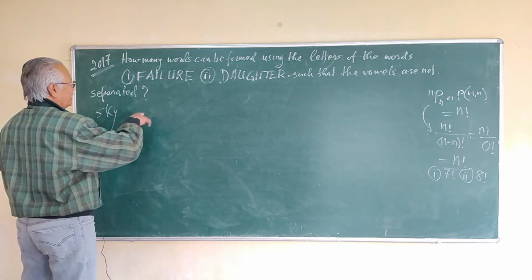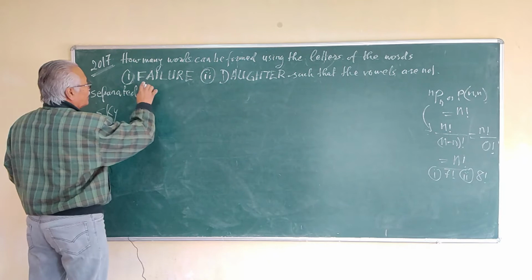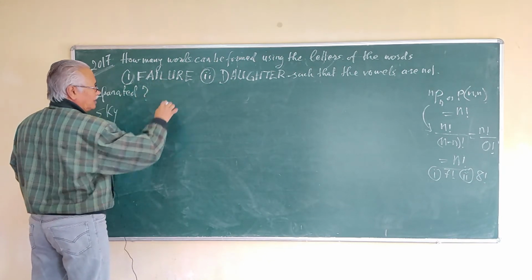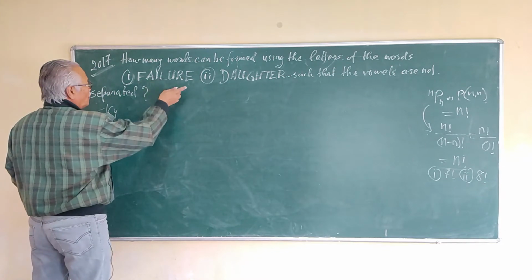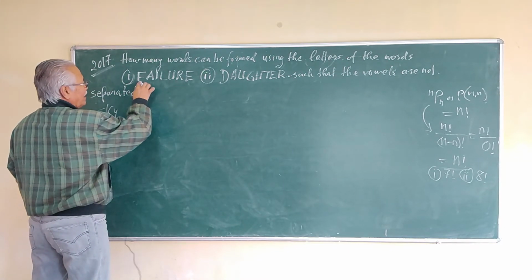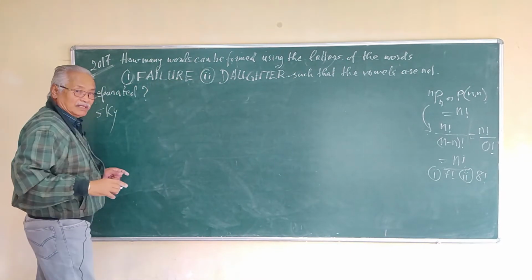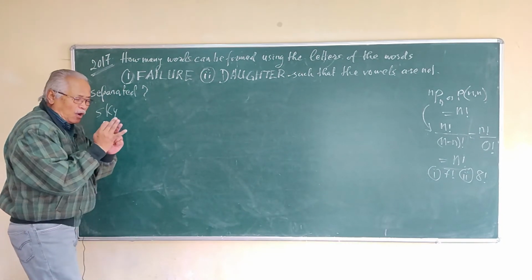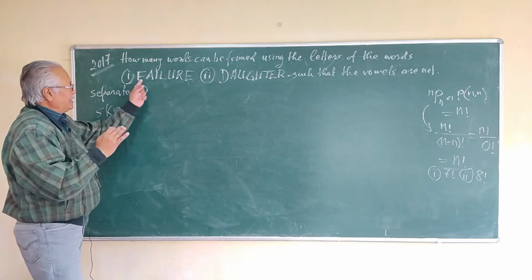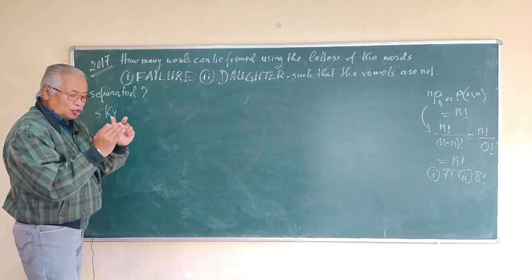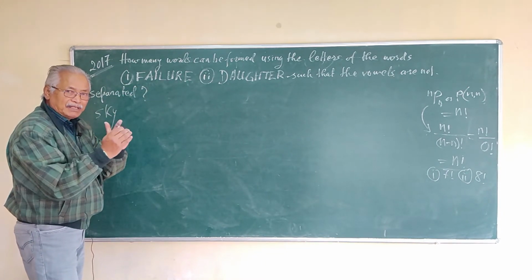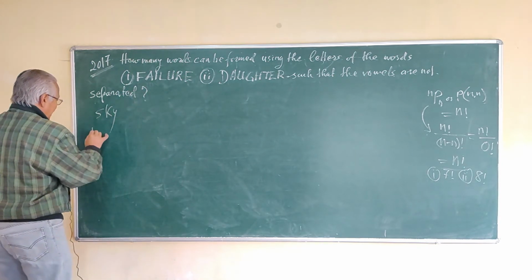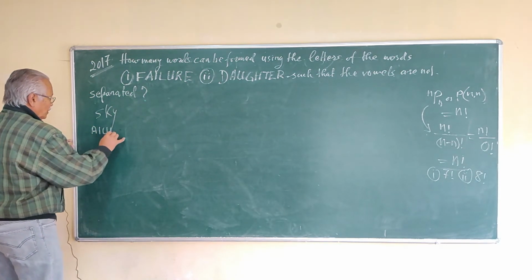Okay. Forget about that. Here, where are the vowels? A, I, U, E. There are 4 vowels and the rest, F, L, R, are the consonants. Since the vowels are not to be separated, we shall have to treat A, I, U, E as one letter.